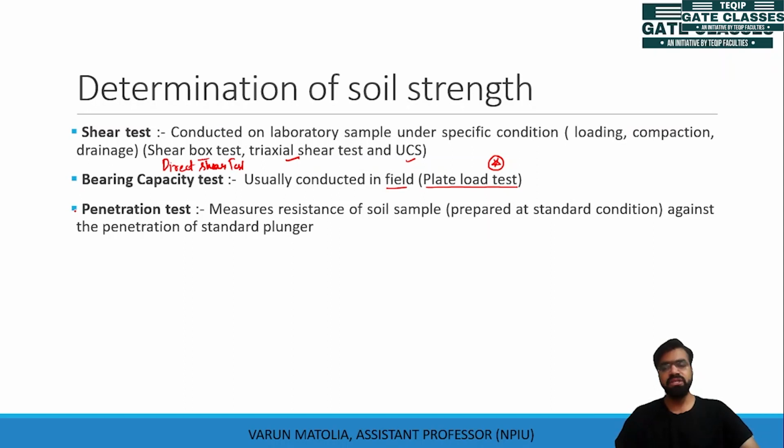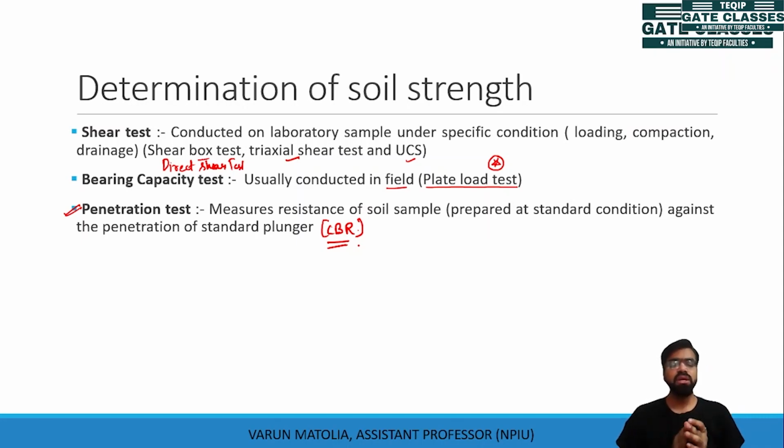Then we have penetration test. Penetration test also tells us about the resistance of soil against the penetration of plunger. We will talk about CBR test, and the CBR test gives us CBR value which is used for design of flexible pavement.